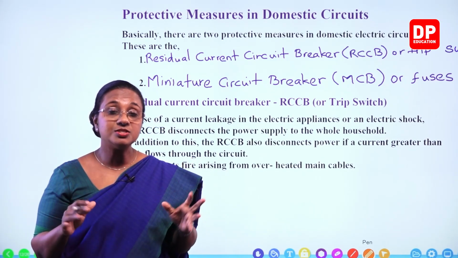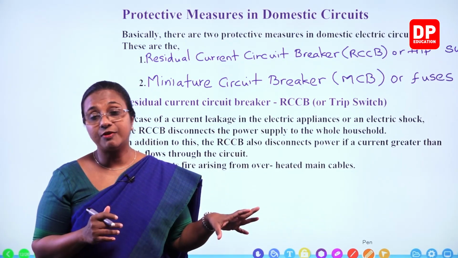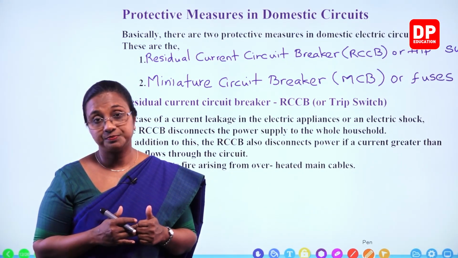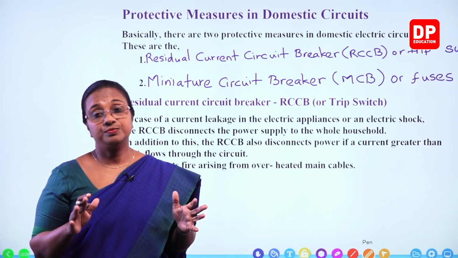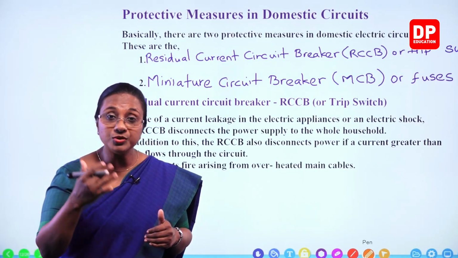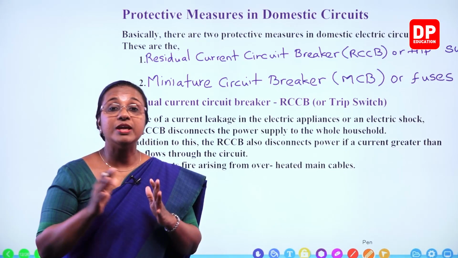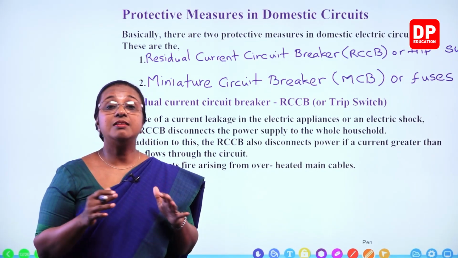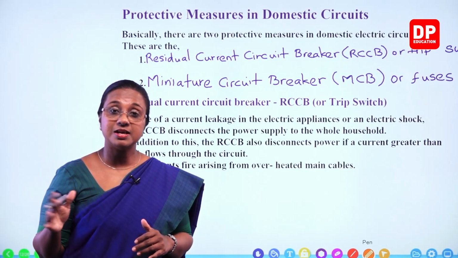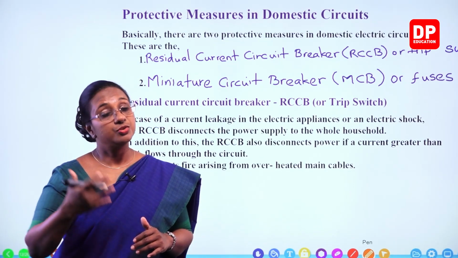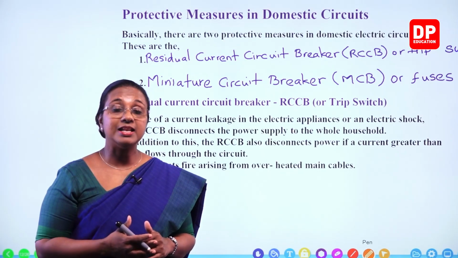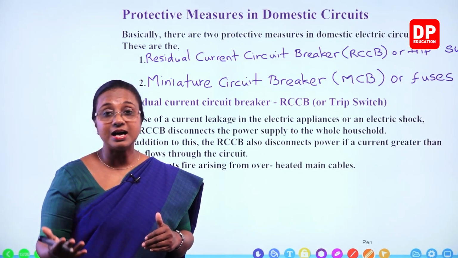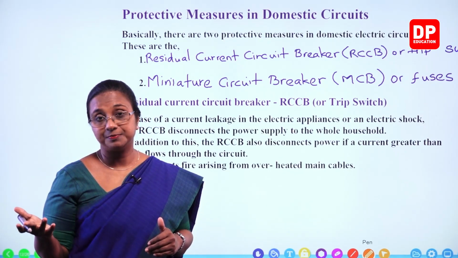So the residents or the consumer is protected from electric shock. And also, if there is a current more than 30 amperes flowing into the household circuit, then also the trip switch will disconnect the power supply to the household. So then also the electrical appliances are safe from high current.